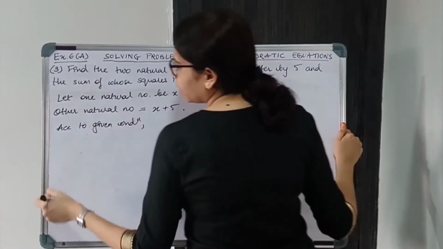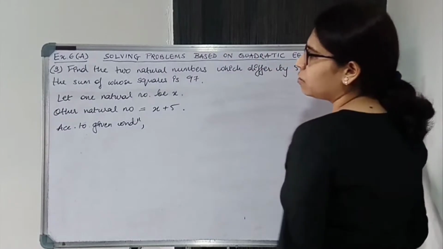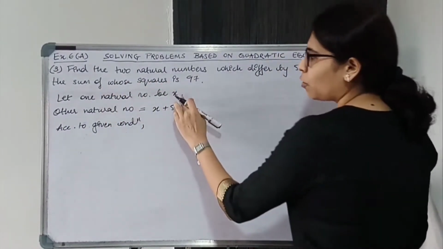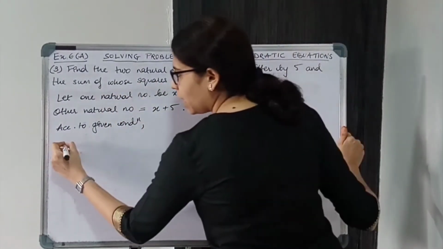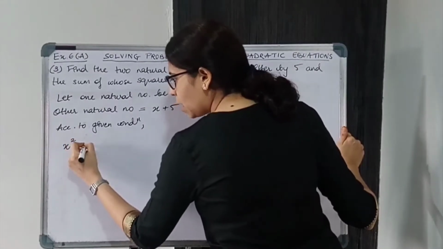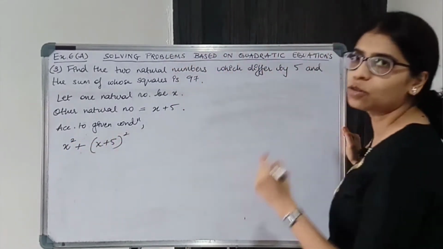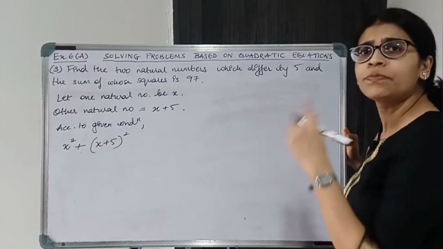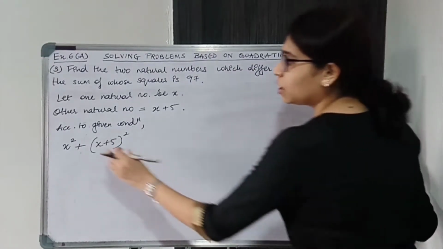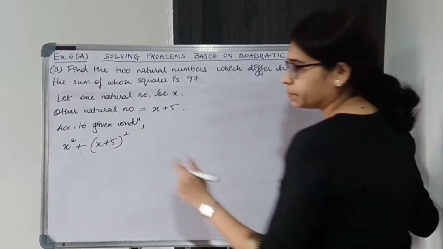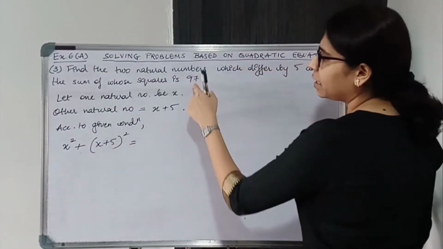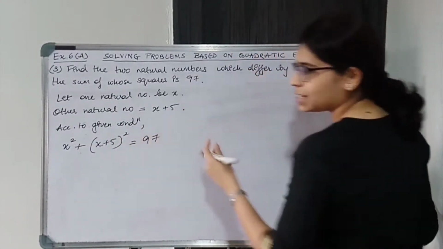According to the given condition, sum of the squares of the two numbers: x square plus x plus 5, the whole thing squared. Don't write x square plus 5 square. It's wrong. We are taking the square of the whole number. It is equal to 97.